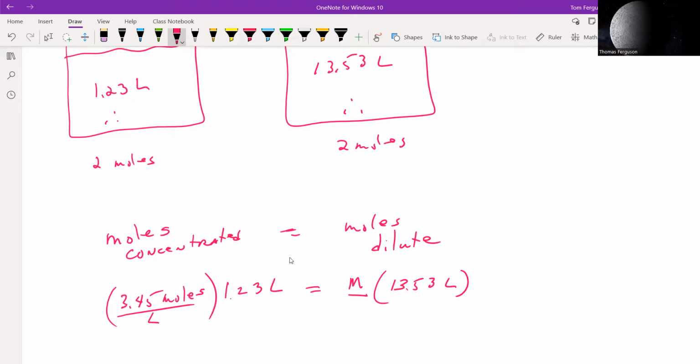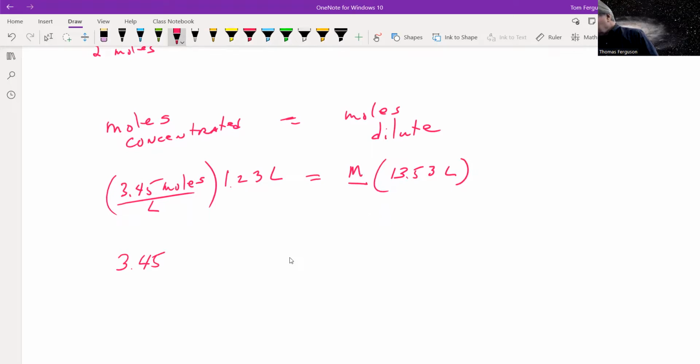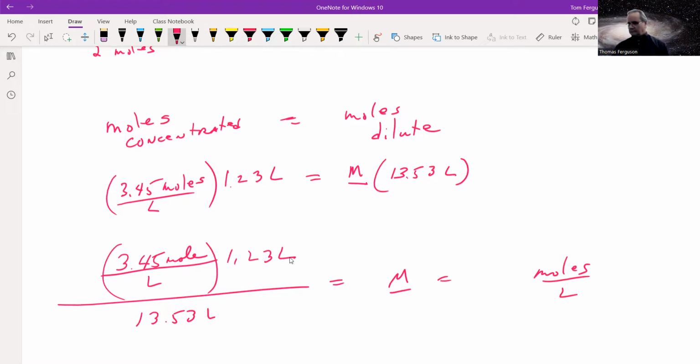So now we have to solve for M. Liters cancel, gives us moles per liter, which is molarity.